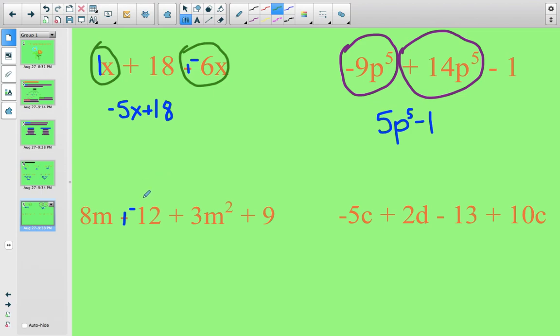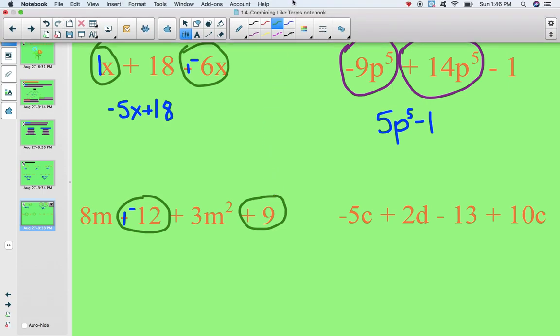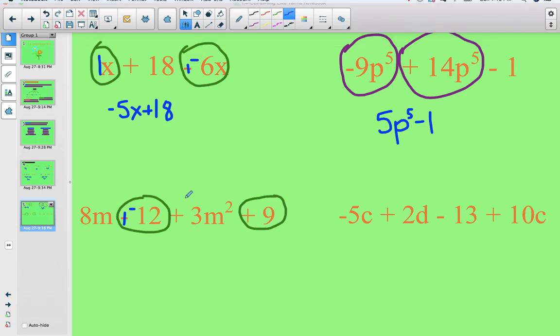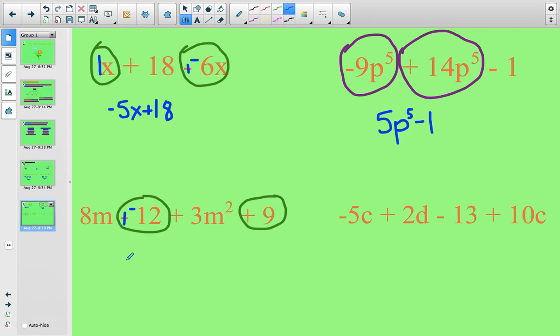So the terms without variables are called constant terms. So that's going to be this and this. So negative 12 plus 9, I can combine together. And when I combine those together, I am going to get negative 3.